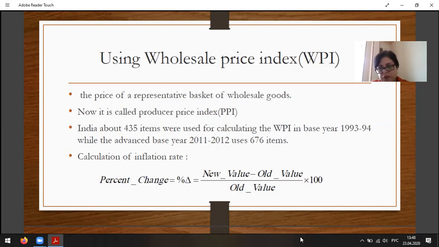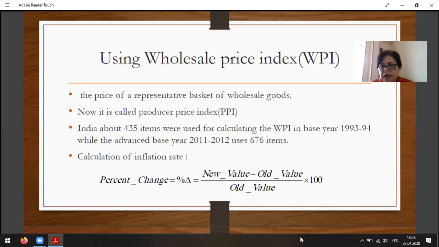As I mentioned before, sometimes you can be faced with the other term, the producer's price index. You can see the example of a chosen country, for example India. That's a hypothetical example. Look, compared with 1993 and 1994, the base was advanced in 2011 and 2012.